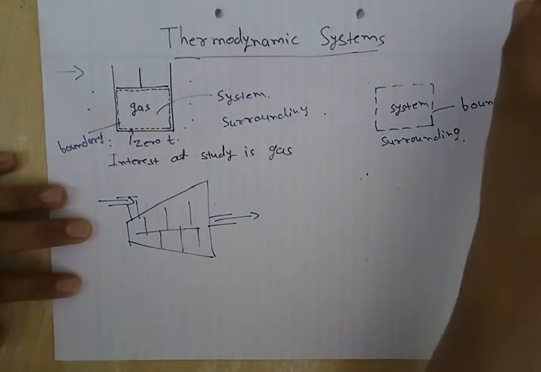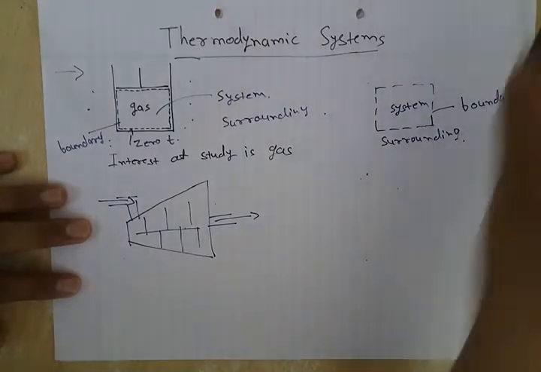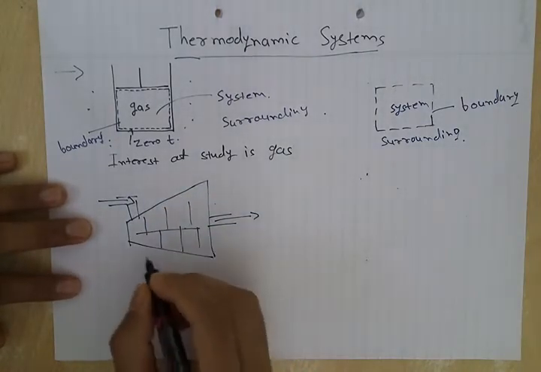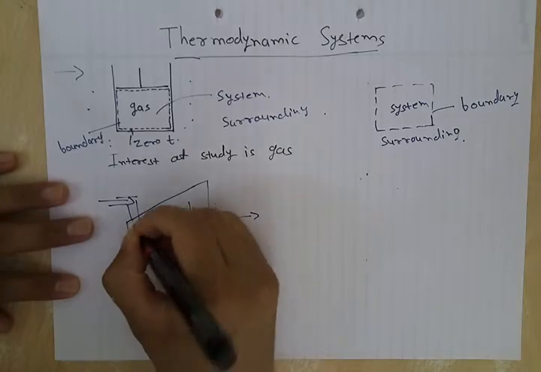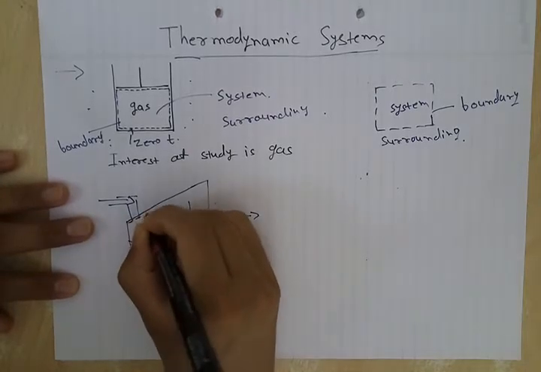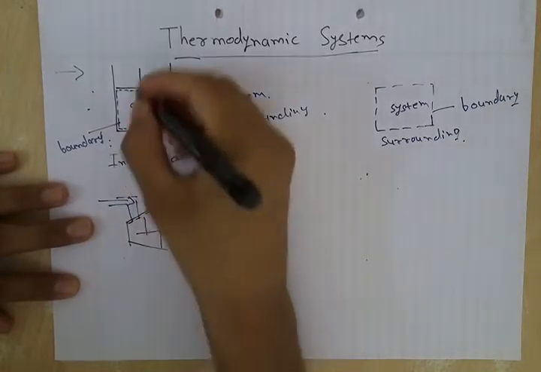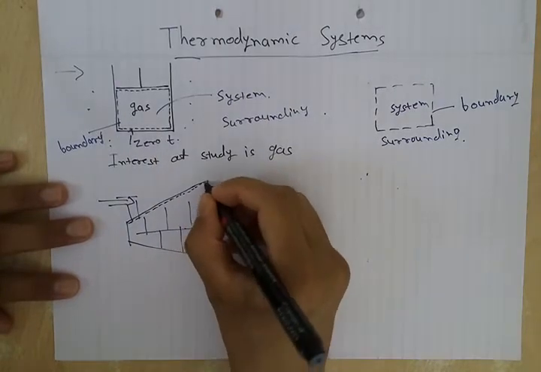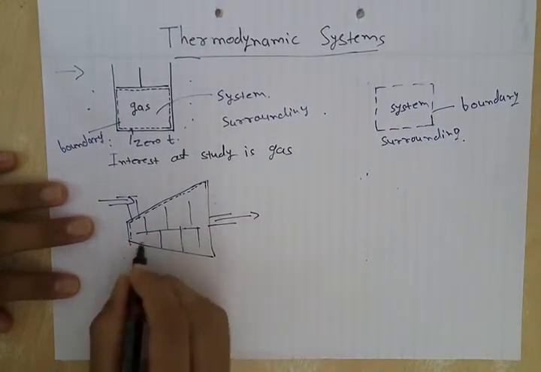Now we want to study what happens to the gas inside the casing of this turbine. So we will draw a boundary line as we had drawn here. Similar line we will draw for turbine.